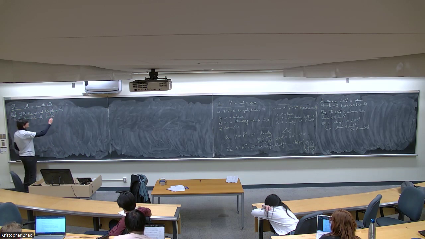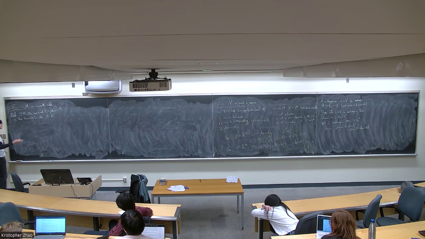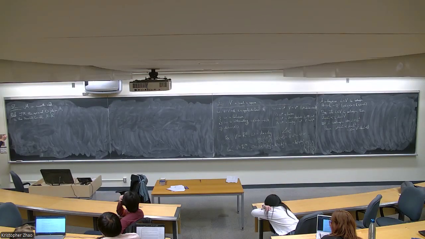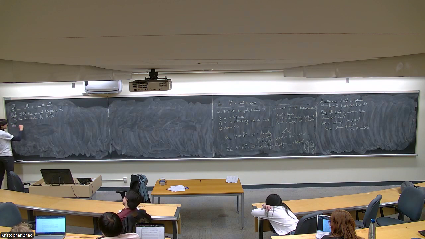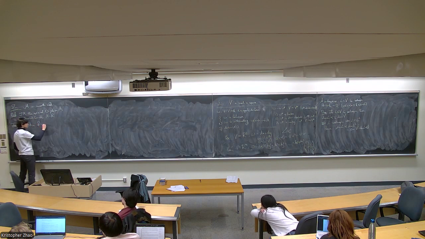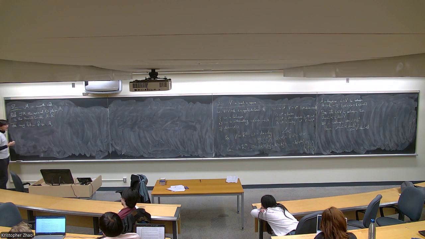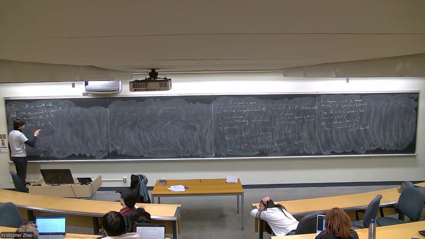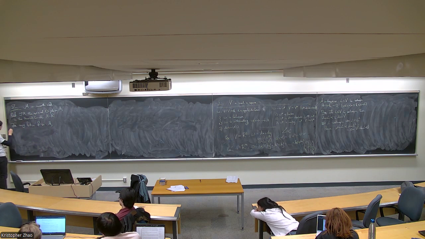Okay, why am I doing this? Well, now I want to say that for any function f on M, I have its graph, which is the image of a section of this bundle. Let me say something more precise.